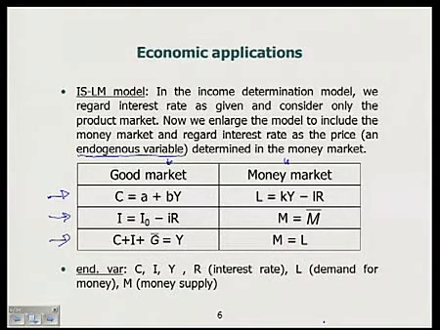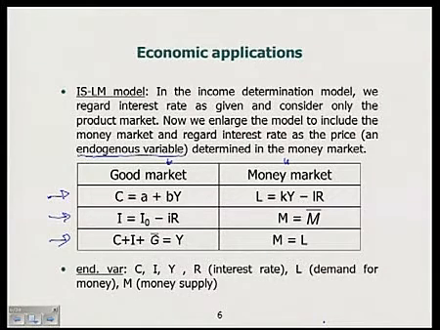In the good market column, the 3 rows are: the consumption is equal to A plus B times Y. Everything is capital and okay. And I is equal to I0 minus I times R, the interest rate, and C plus I plus G over market equal Y. This is the good market.